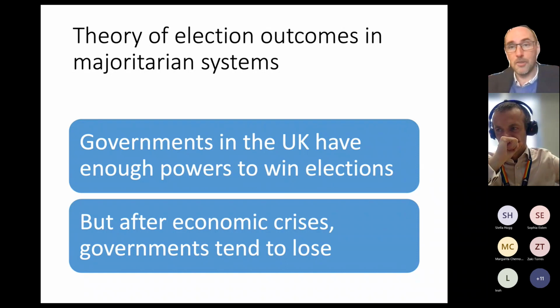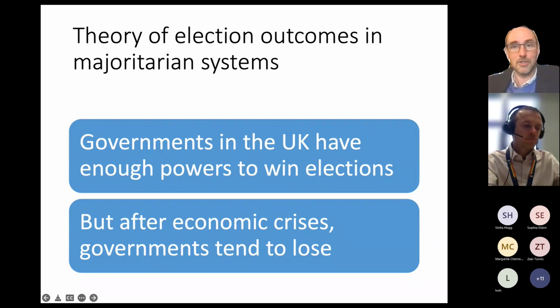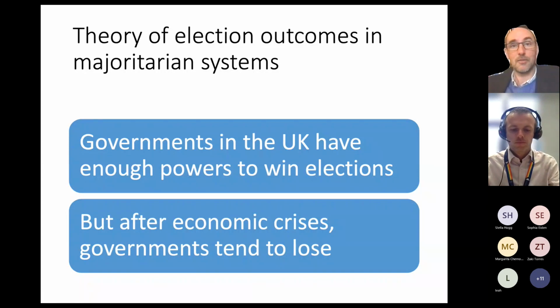So I've got two hypotheses there. The first is that governments in the UK have enough powers to win elections. So they're fighting for re-election, and they just have to keep their current voters happy because they've already got a majority, or enough to stay in power. Now, that doesn't always work. We know straight away, from our polling questions, they actually do lose quite a lot of the time. So why do they lose? I'm going to posit that they lose when things go wrong.